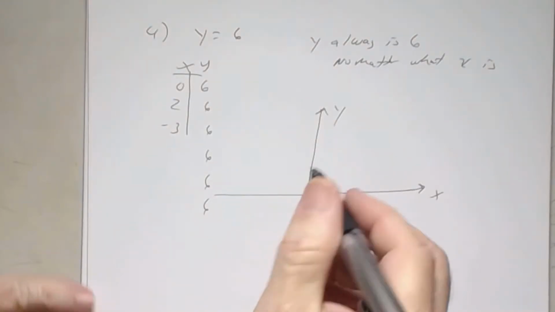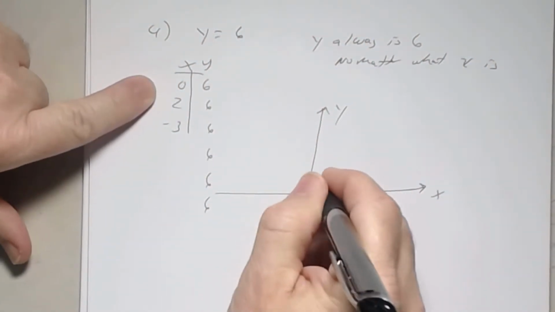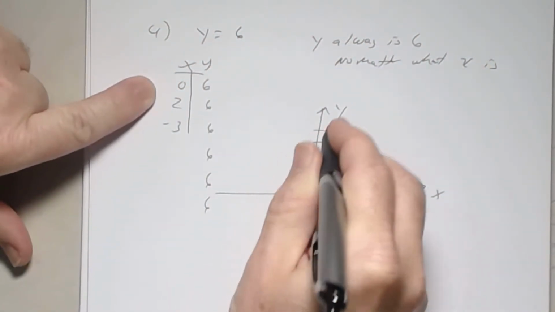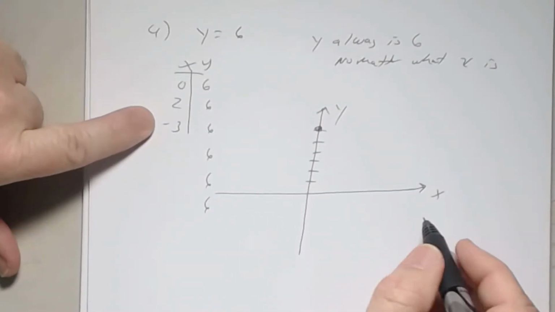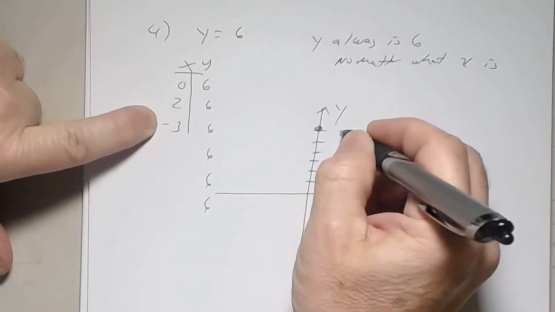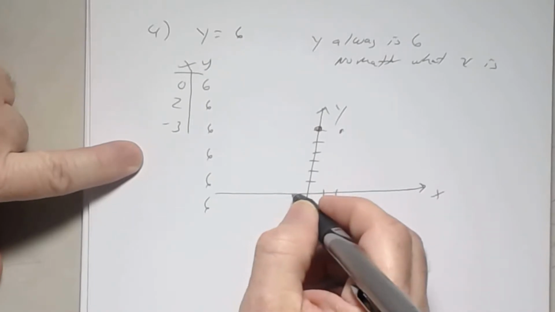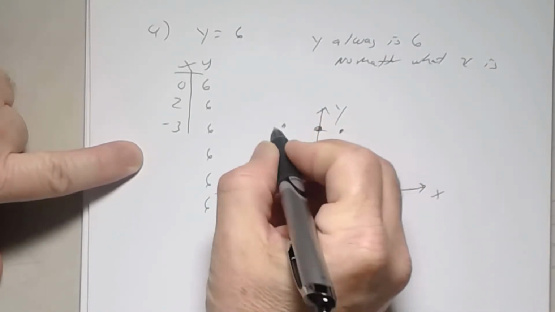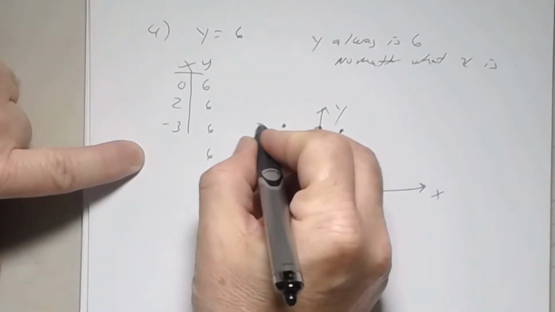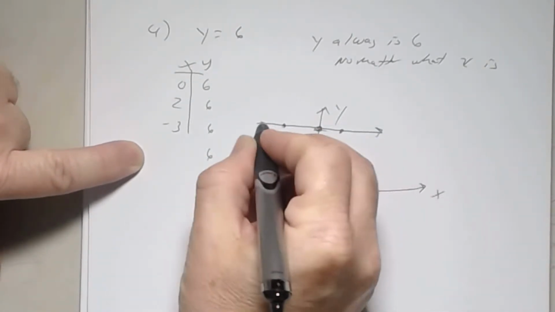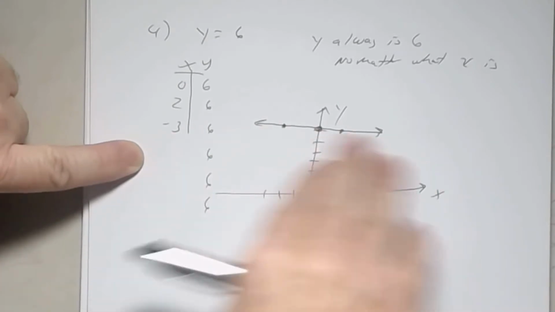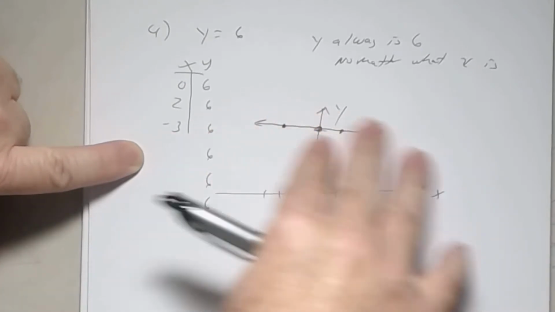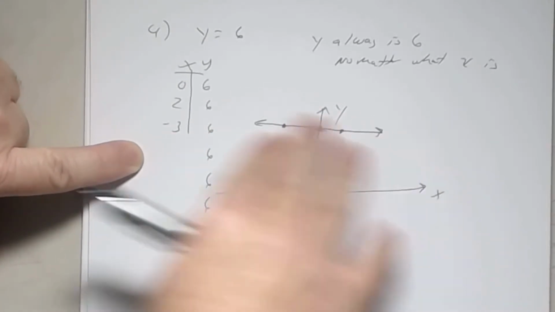And notice what happens when I graph this. 0, 6 is here. 2, 6 is here. Negative 3, 6 is here. Notice it is a line, but what kind of line is this? It starts with an H. You remember what that word is? Horizontal. So it's a horizontal line.